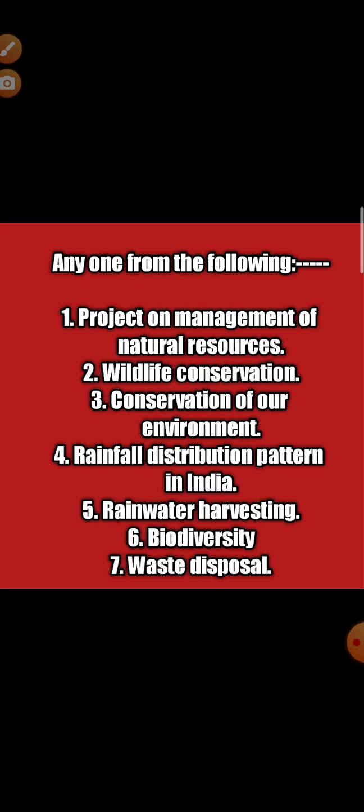You can draw the diagrams, paste the diagrams, make charts according to your wish, and arrange your project. So start making the project and writing the practicals from now onwards, and try to complete it in proper time.